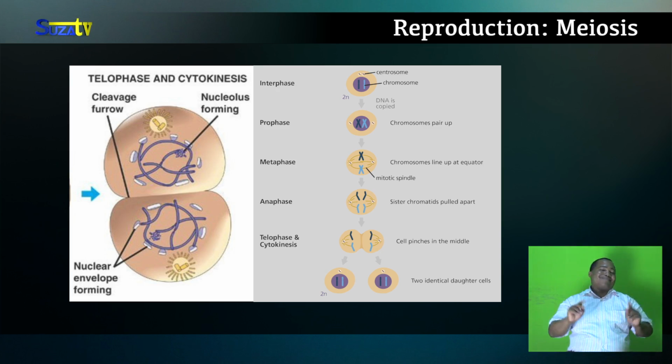That's why the first meiotic division is called the reduction division. So now, the two daughter cells enter interphase and immediately enter meiotic division II.